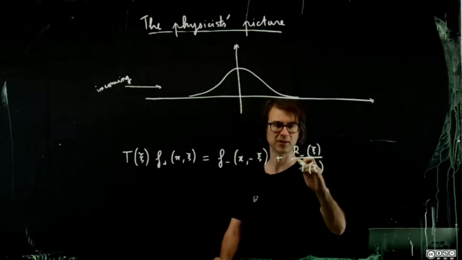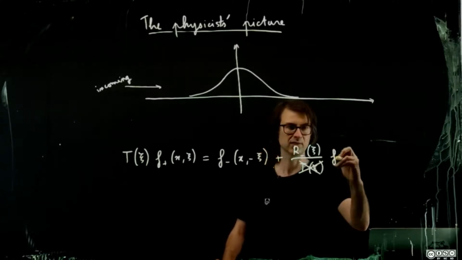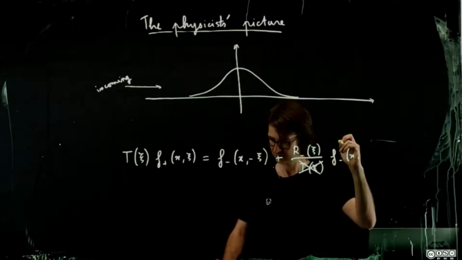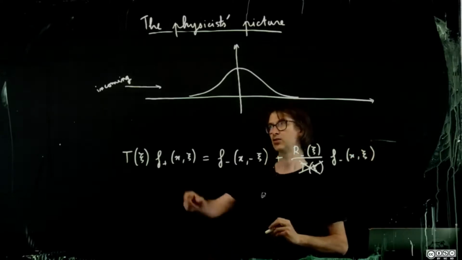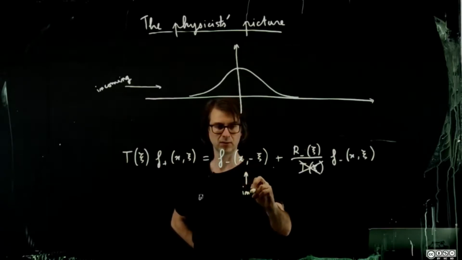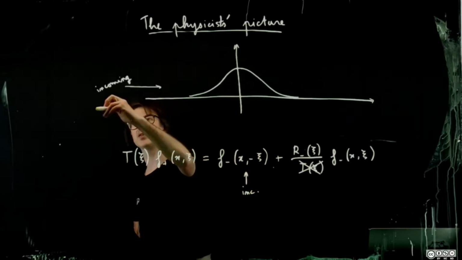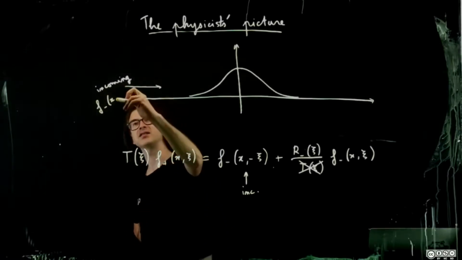No, sorry, I multiplied out by T of xi, so there is no T of xi. F minus of x, xi. Right. So the incoming wave is this one, so that's the incoming. And that's F minus of x, minus xi.